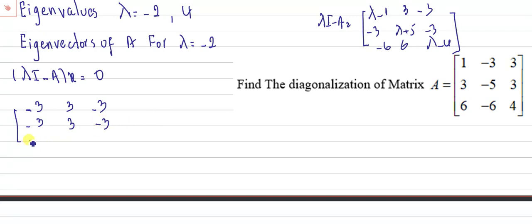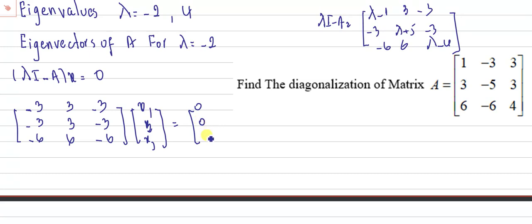And this one is minus 6, 6, and minus 2 is minus 6. Times x1, x2, and x3 equal to 0. So I just omit this one.